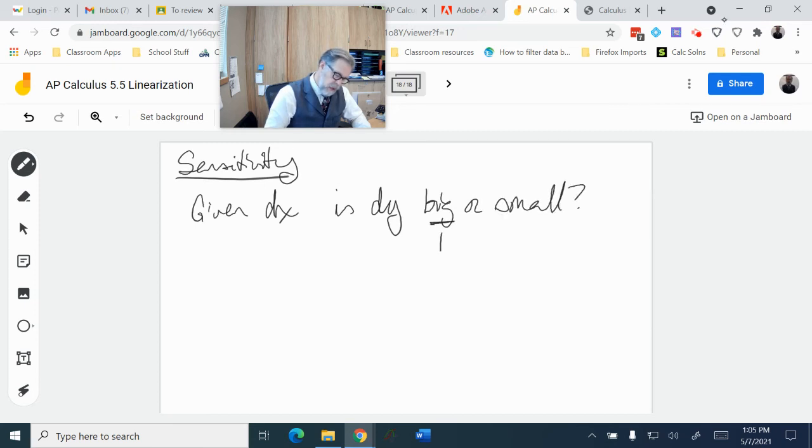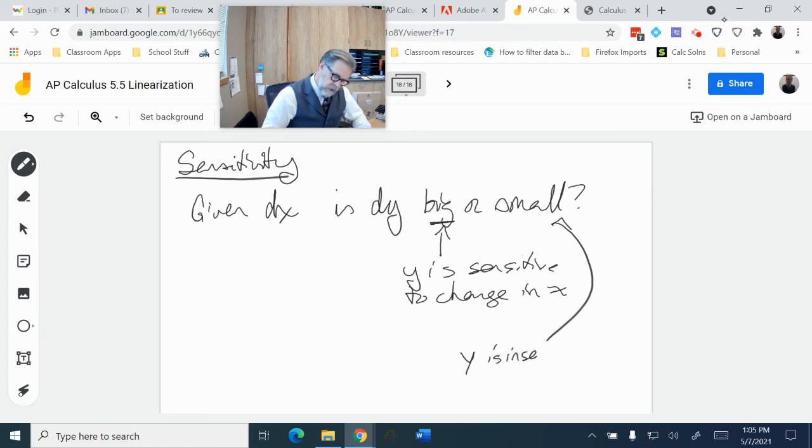If it's big, then y is sensitive to changes in x. And if it's small, then y is insensitive to changes in x. And this is useful because you want to have a basic idea of what a reaction is going to be.